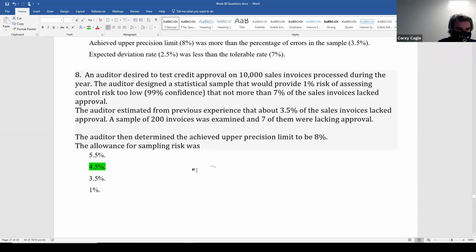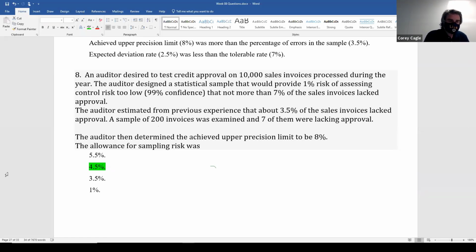All right, look at number 8. Yeah, it looks like a math question, but it's really more of a conceptual question with some simple numbers thrown in the mix. An auditor decided to test credit approval on 10,000 sales invoices processed during the year. They designed a statistical sample that would provide 1% risk of assessing control risk too low, which would give them 99% confidence that not more than 7% of the sales invoices lacked approval.